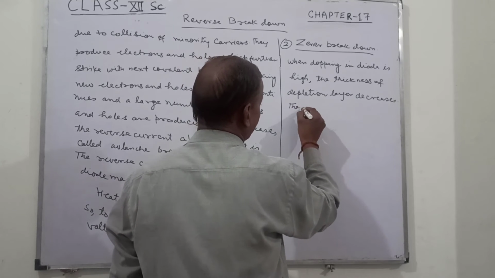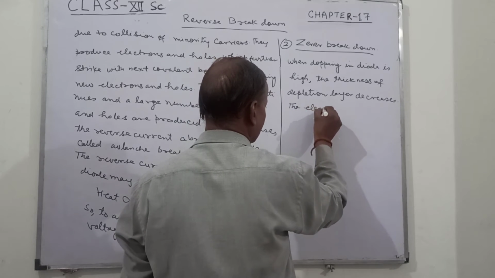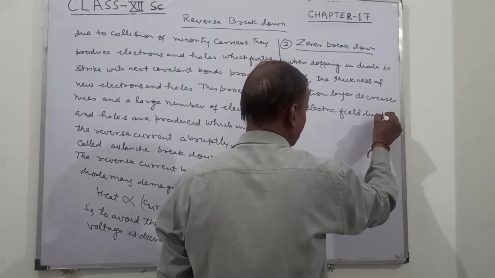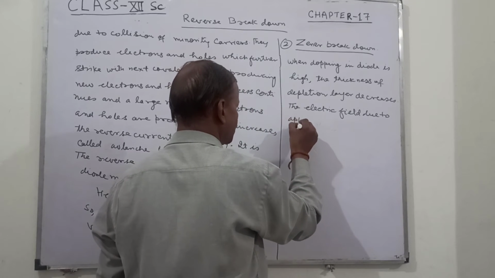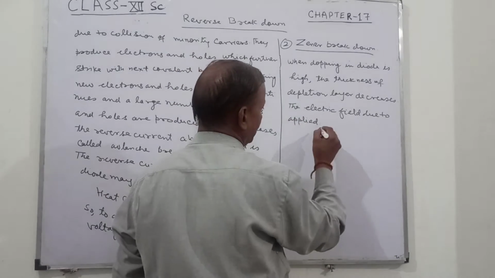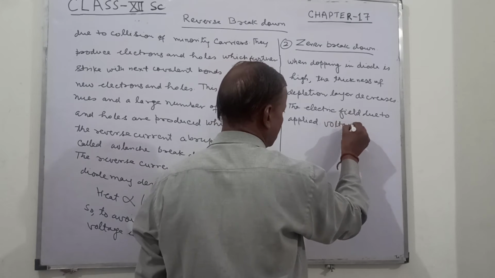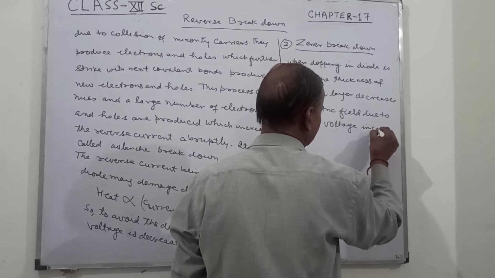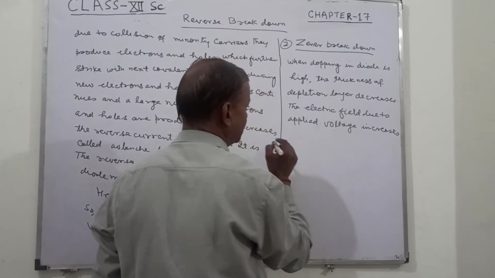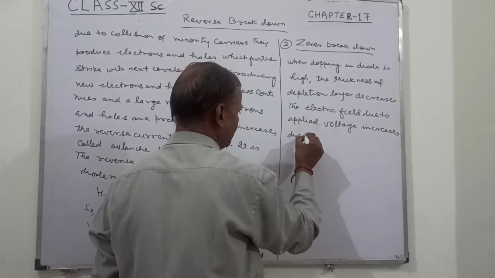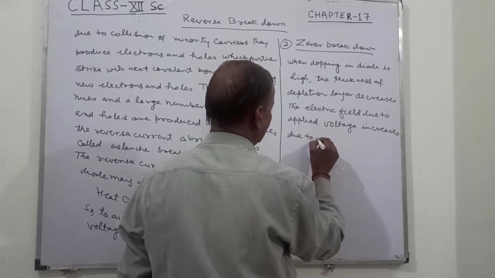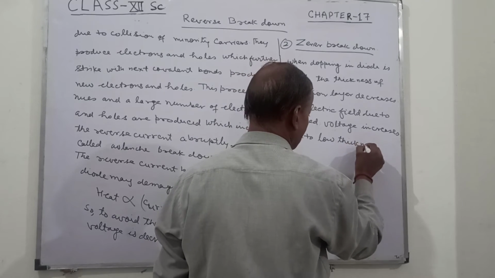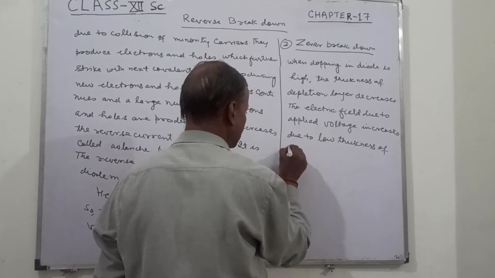The electric field due to the applied voltage increases due to the low thickness of the depletion layer.